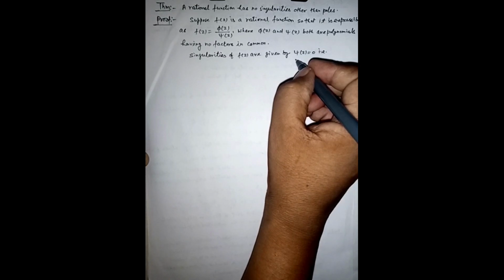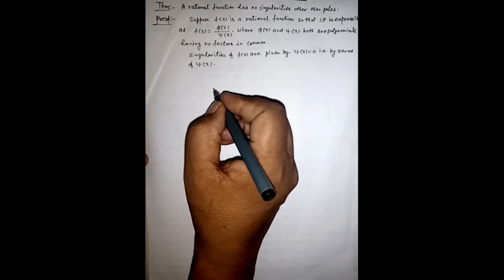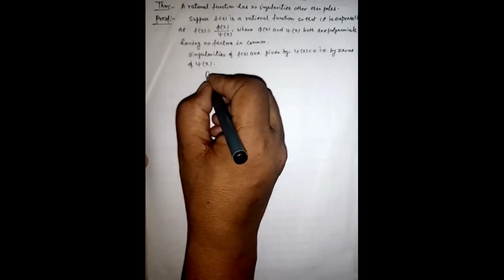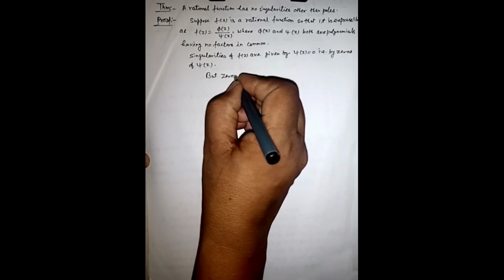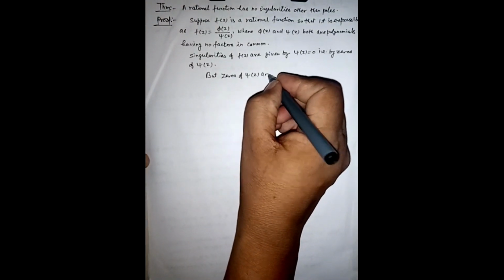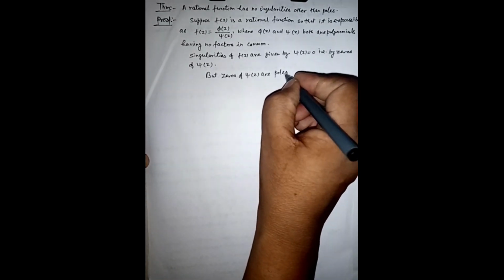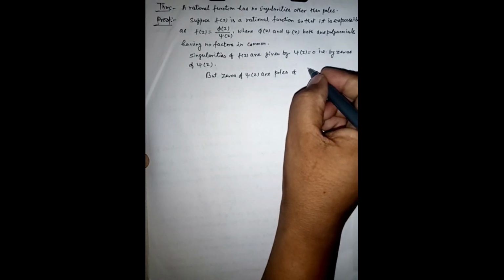that is, by the zeros of psi(z). But zeros of psi(z) are poles of 1 upon psi(z).